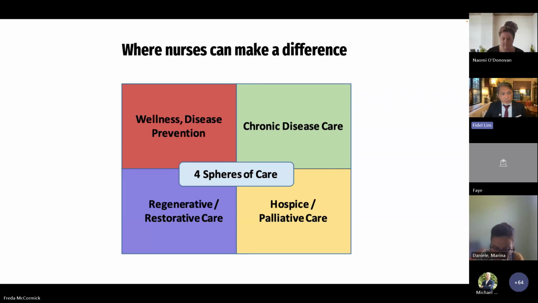There are four areas where we should put together sort of interrelated arena of making a difference. So on the top left, wellness and disease prevention. This is one of the things that I'm very keen on, because very often when we teach LGBTQ health, there is a lot of emphasis on pathology, right? HIV, mental health, suicidality.